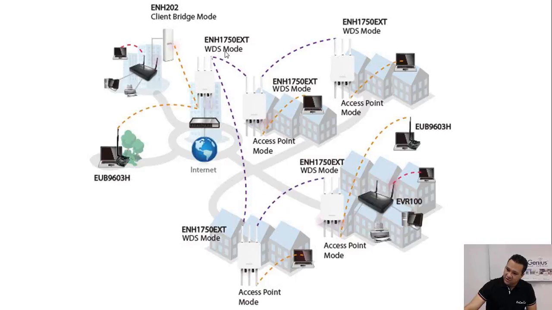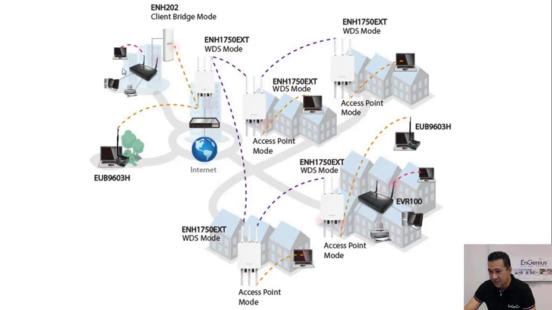So we kind of have a star and bus combination topology of this WDS solution, and this 5 gigahertz WDS backhaul topology is used to provide the backhaul connection to be able to have a wireless endpoint access point to give wireless access to the clients on the 2.4 gigahertz radio.